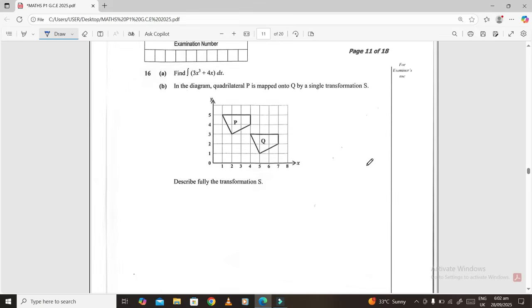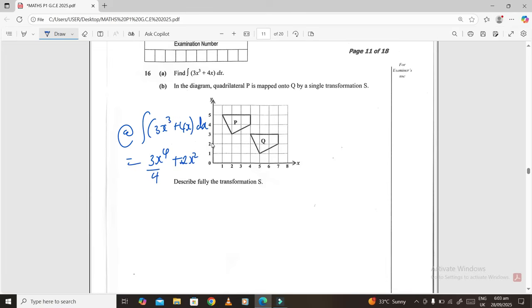We go to the next question, 16. For question A, 16 here, we've got an integral of 3x power 3 plus 4x dx. For this one, it will just be 3x power 4 over 4 plus 2x squared. So what has just happened here is that we're adding a 1.